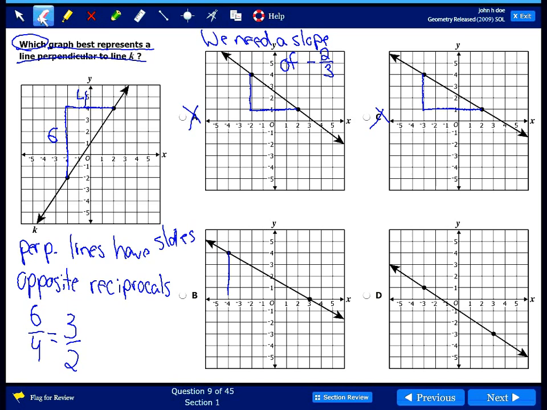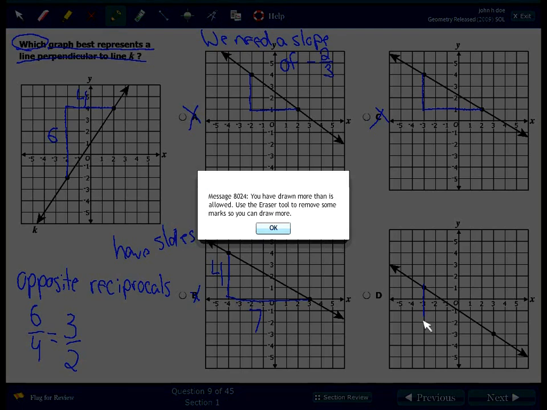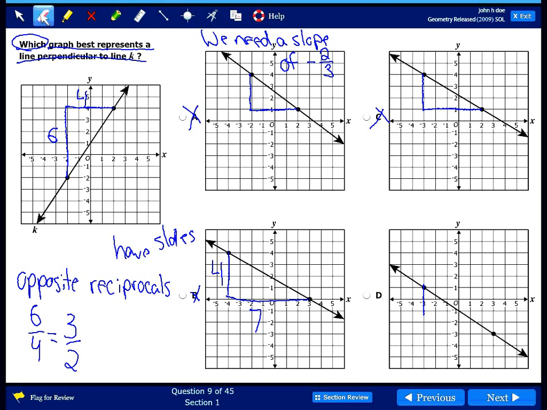Looks like I'm out of line, so let's erase some. Down 1, 2, 3, 4, and over 1, 2, 3, 4, 5, 6, 7. So this is 4 and 7. That doesn't work. And this last one, we go down 1, 2, 3, 4, 5.